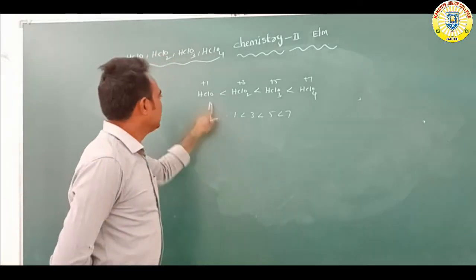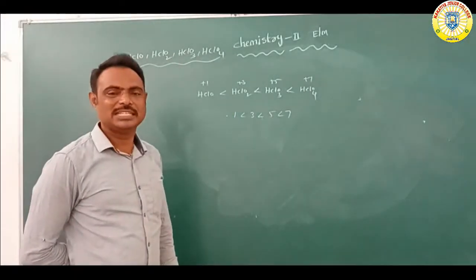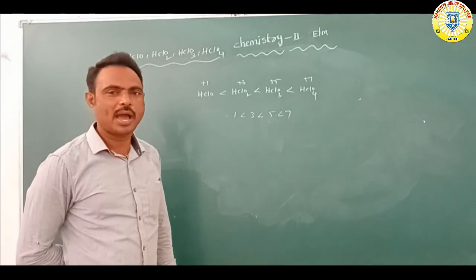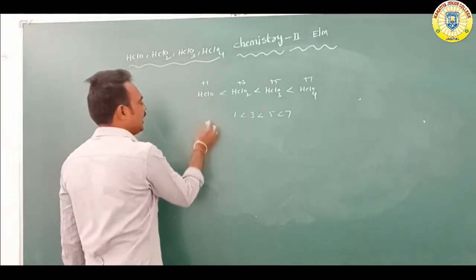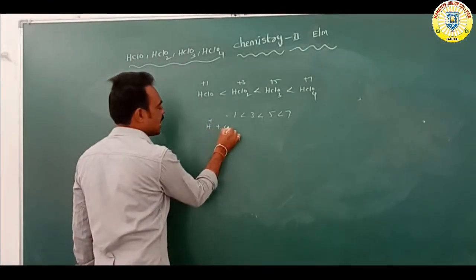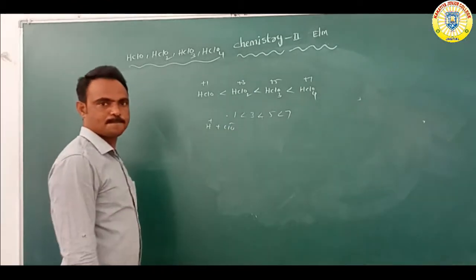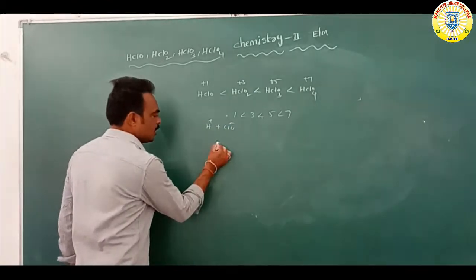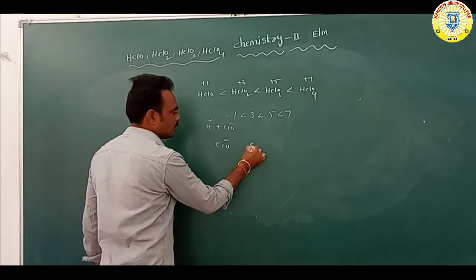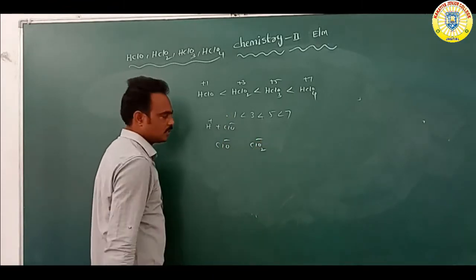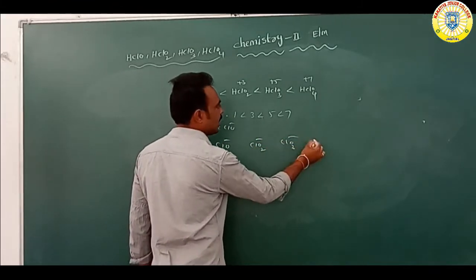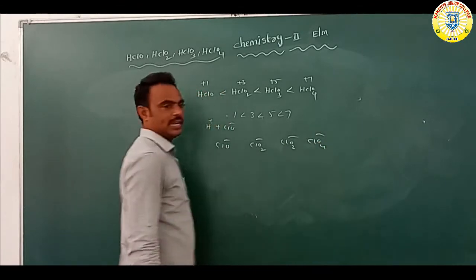When these acids ionize into ions, suppose it is H plus and ClO minus. We get ClO minus, ClO2 minus, ClO3 minus, ClO4 minus.